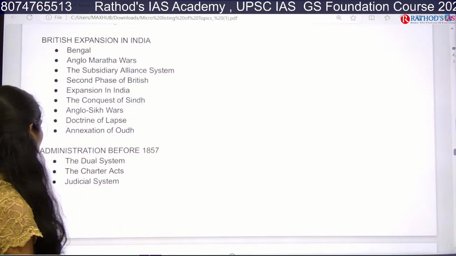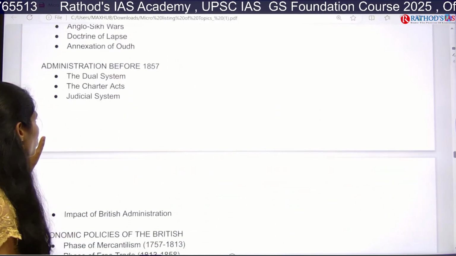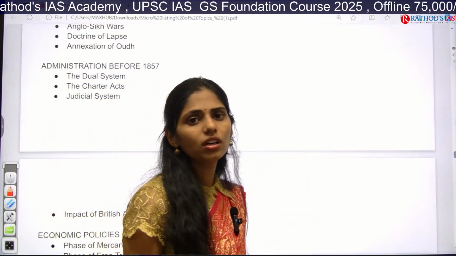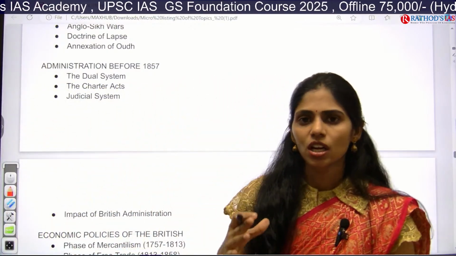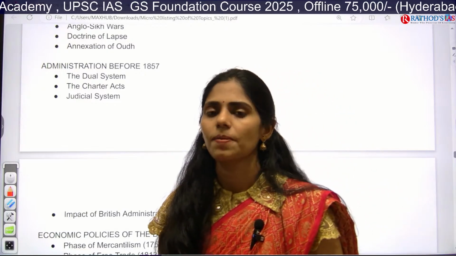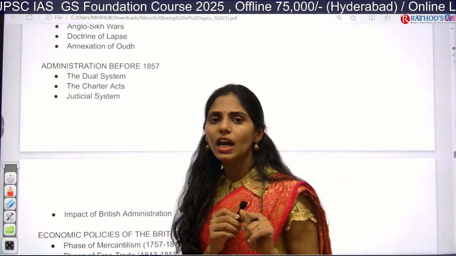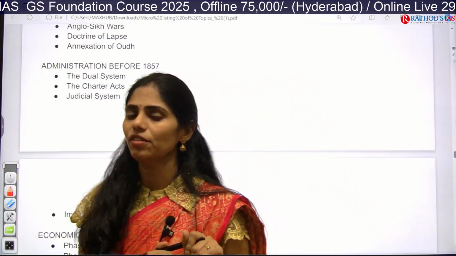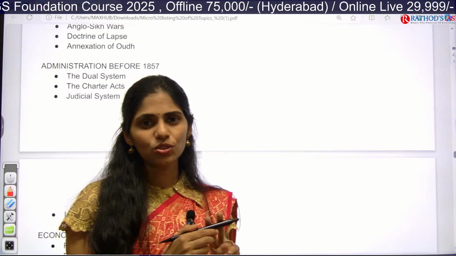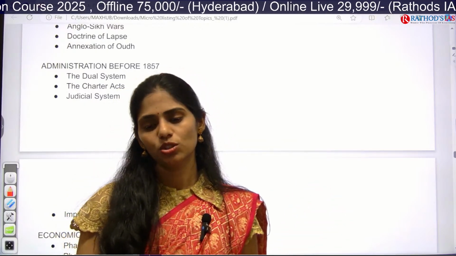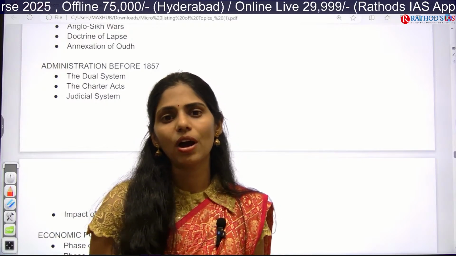Next, you have to know what are the reasons for the rise of this revolt. Here you have to see the immediate reasons. The first one is the use of fat, that is pig fat, for Royal Enfield rifles. And next, in atta there was spreading of misinformation, that the atta was mixed with bone powder.